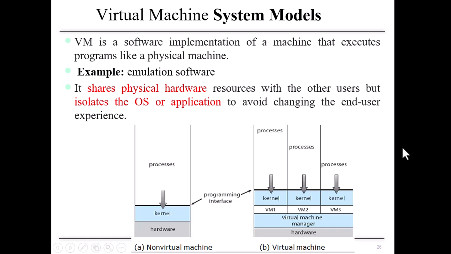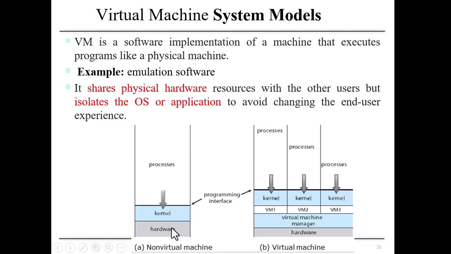So you can see the hardware is the same, and here we have a virtual machine manager and virtual machines are installed, and then we have separate processing kernels. So this means either operating systems are distributed, we have different operating systems installed, or there is virtualization.